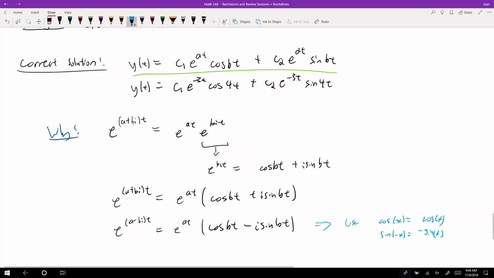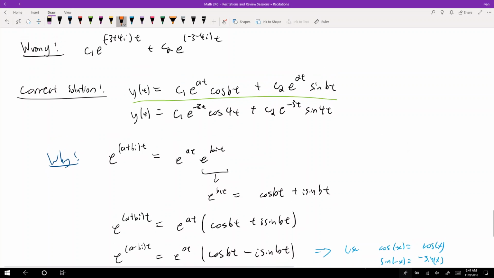And then notice, up here we were taking linear combinations of these. So there's going to be a C1 and a C2 times these. I can choose constants that will either kill the cosine term or kill the sine term. So if C1 and C2 were both 1 and I added the solutions together, what happens to the sine terms? They go away, because they're opposite sign.